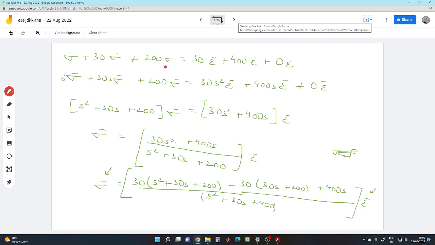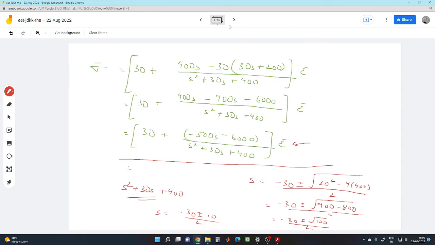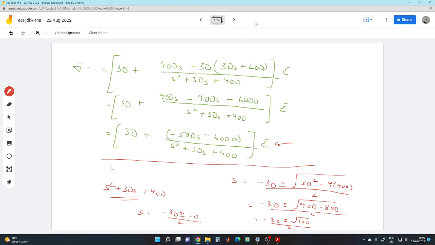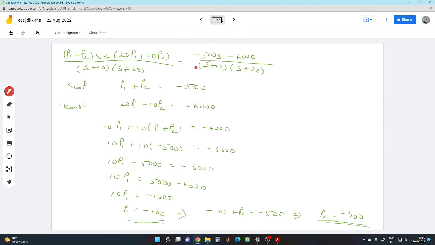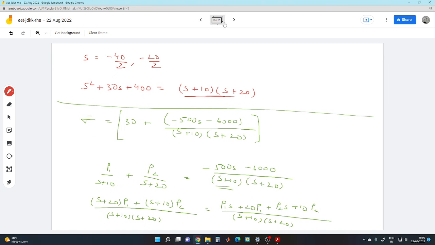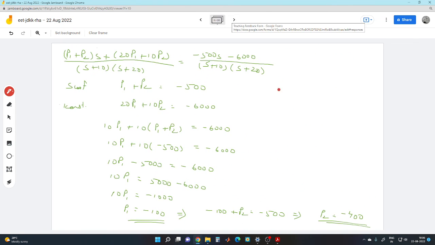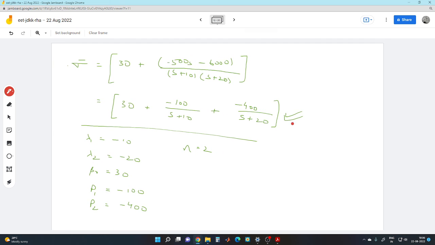So we take the Laplace transform, we take the transfer function, and we use mathematical manipulations to finally obtain the desired form, which is this.